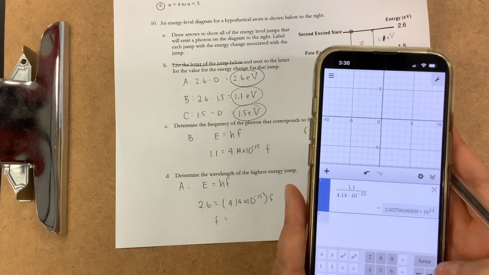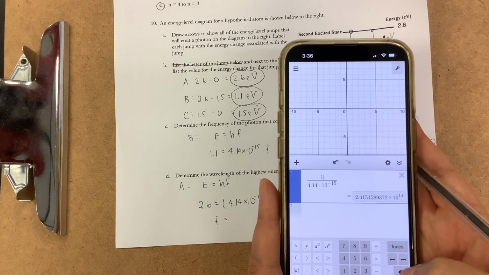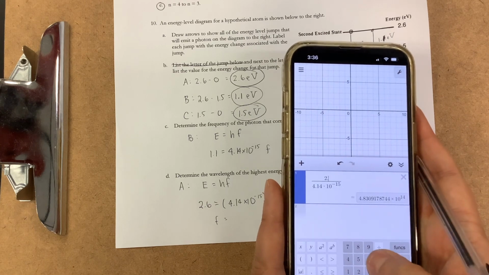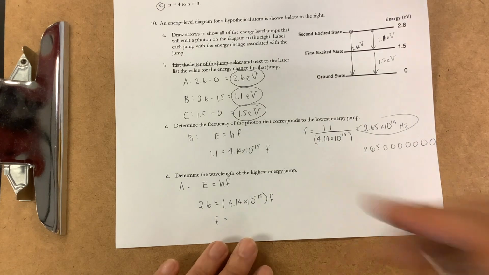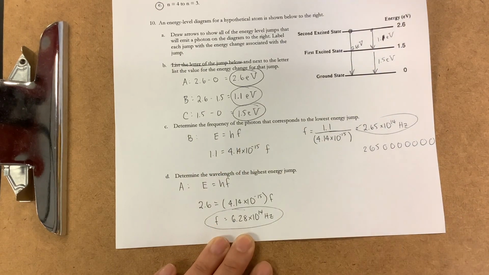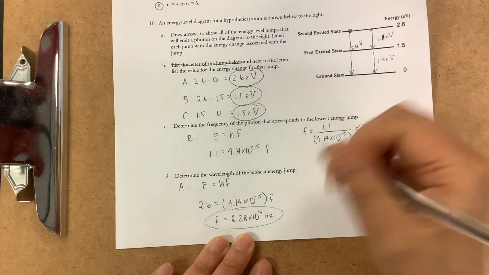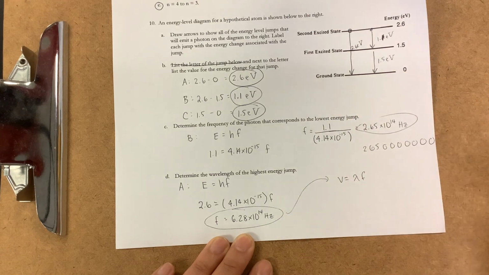A bonus nice thing about Desmos is if you have to do the same calculation more than once, you can just replace part of the calculation and not have to retype. So 6.28 times 10 to the 14th. So I needed to get frequency first so that I could come back here to get wavelength.